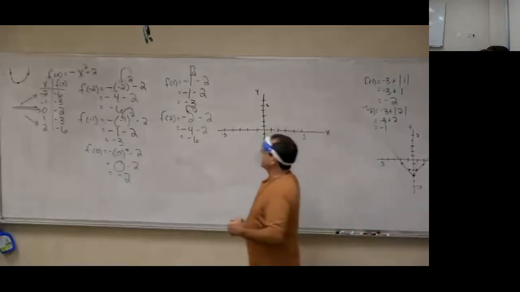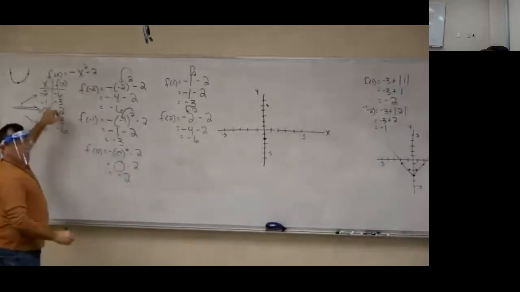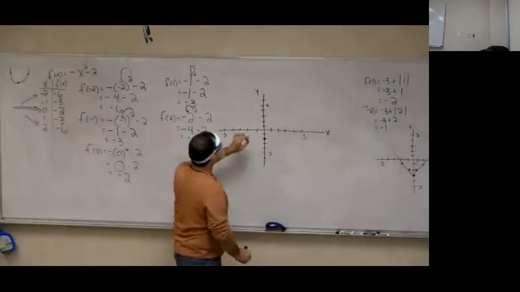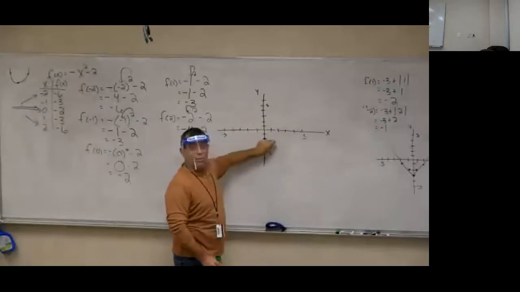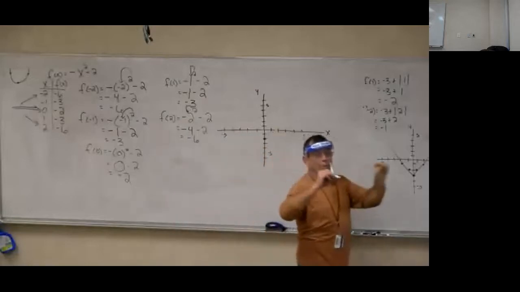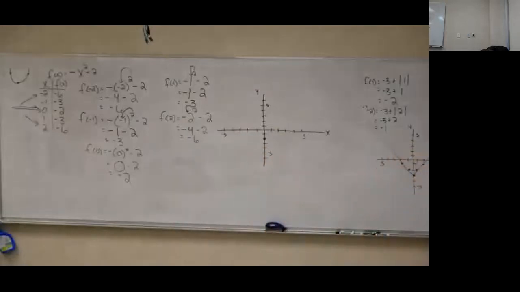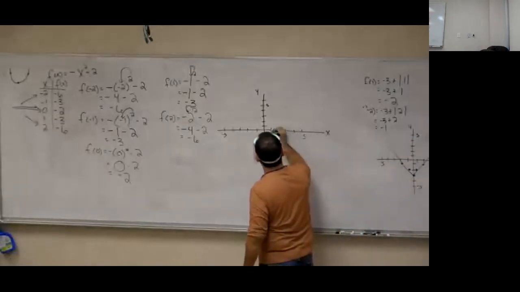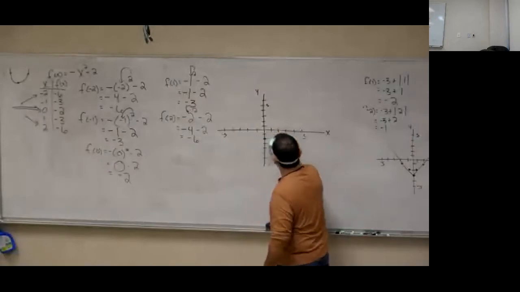Because what happens if you plot one of these points first, say over here, so say I did 1, -3, if I did that point first, it would treat that like the vertex. And any other points I added, it would shoot it from there instead of where I need it from, okay? So I got my 0, -2, then I can go over here to 1, -3.